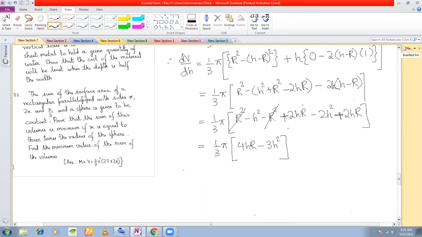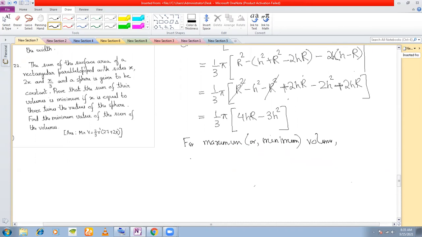So for maximum or minimum volume, dV/dh is equal to 0. That means 1/3 pi (4hr minus 3h square) is equal to 0.